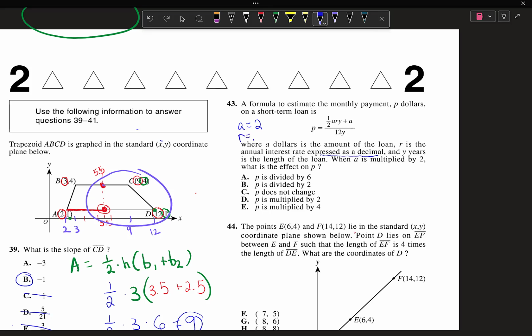Let's call it 0.5. And y represents years, can be anything. Let's use 10. And we're going to take those numbers and we're going to insert them into the provided formula. P equals 1/2 times 2 times 0.5 times 10.